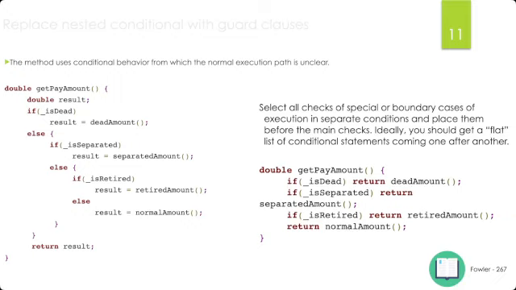So we need to rewrite this piece of code, and this way of refactoring we call replace nested conditional with guard clauses. If your language has some elements like guard, it's better to use it. For example, in Swift we have such a word in our language.